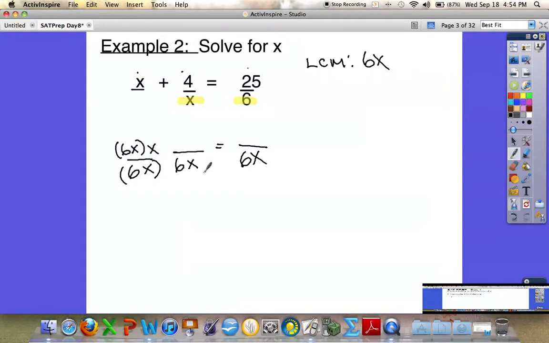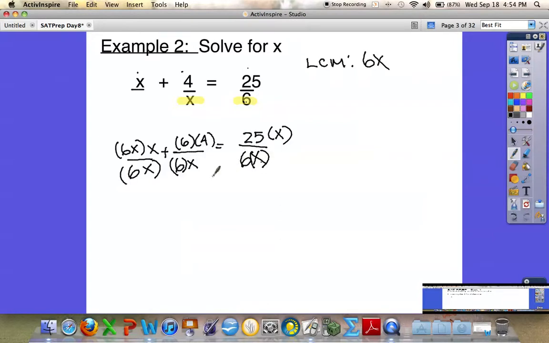Now on this one, I already had the x, so the only thing I had to add was the 6. So that means I have to add a 6 multiplier on the top as well. And in this last term, I had a 6, so the only thing I needed to do was add an x. So on the top, I'm going to multiply by an x, because x over x goes to 1, and I'm left with 25/6.